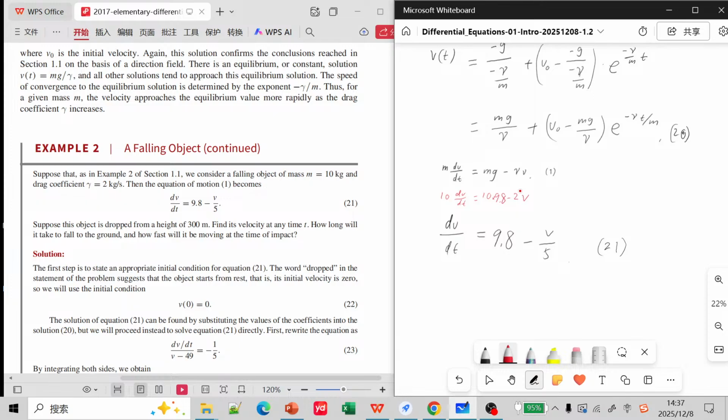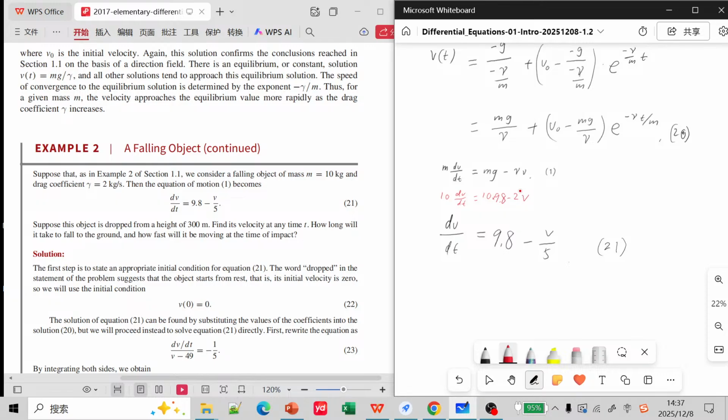Then we just divide this equation on the left side and on the right side at the same time by 10, and then we can get this equation.